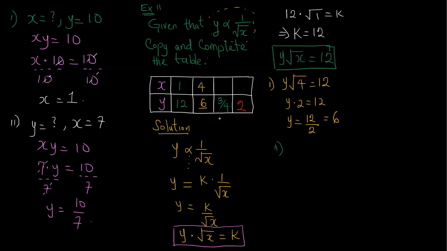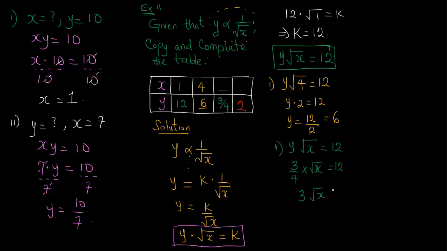Also, in the fourth column, I've got a value for y, but a missing value for x. So I'm going to return to the formula connecting y and root x. That's y root x equals 12. So I have a value for y, 3 over 4. So this is 3 over 4 times root x equal to 12. So what I can just do here, I can cross multiply, and I'm going to get 3 root x.